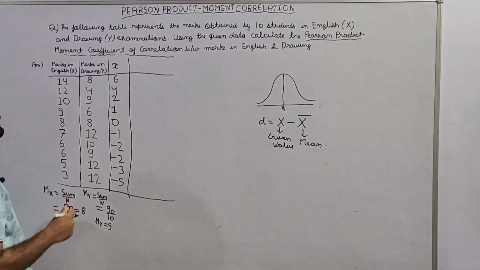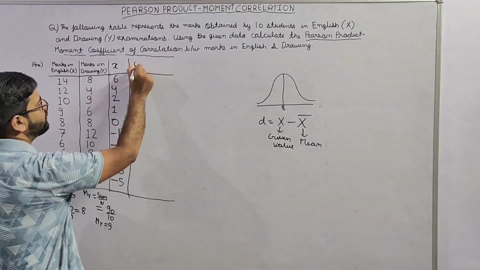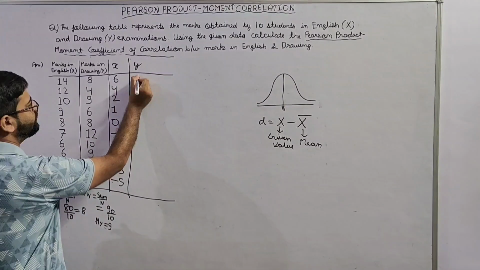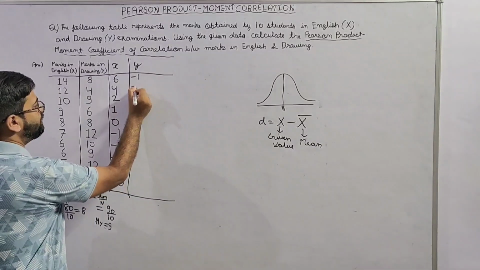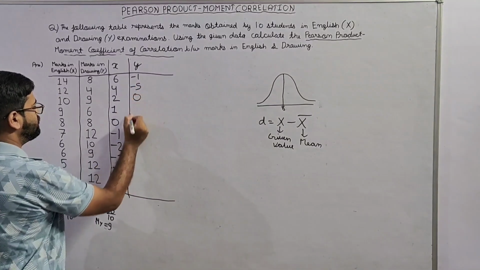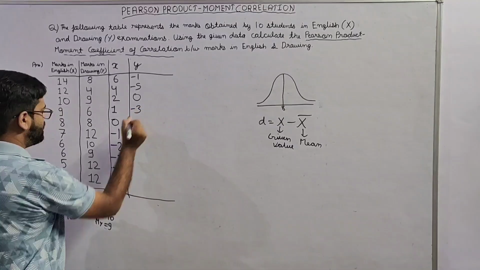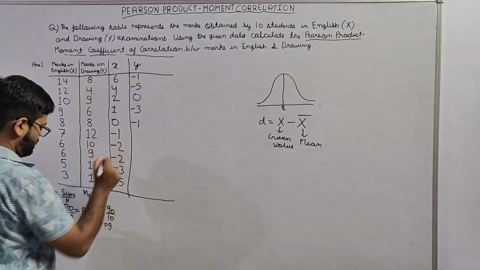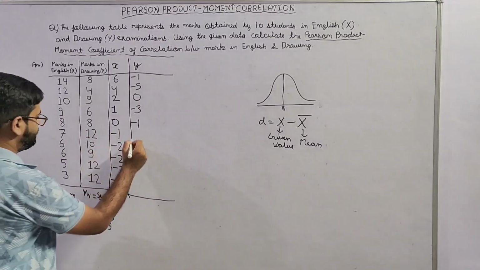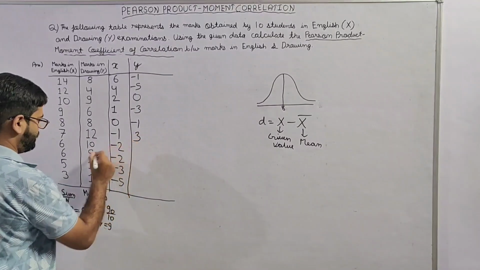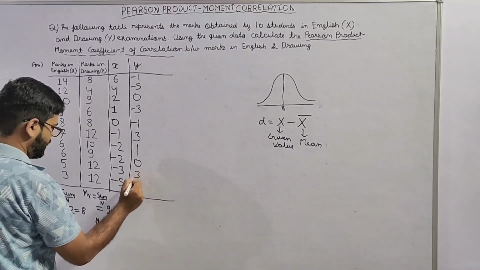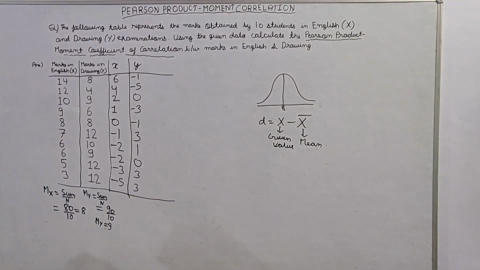Now, in the same way, we find the deviation of y. The mean of y is 9, so it is minus 1, minus 5, 0, minus 3, minus 1, and then plus 3, plus 1, 0, plus 3, again plus 3.